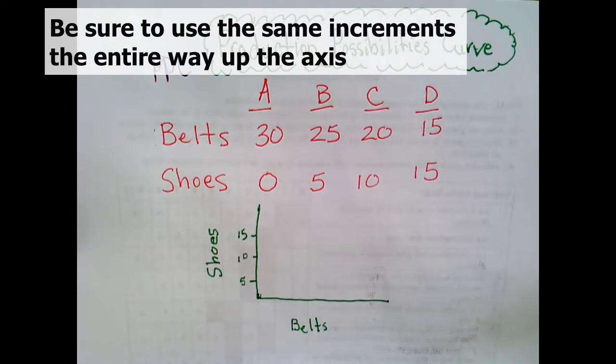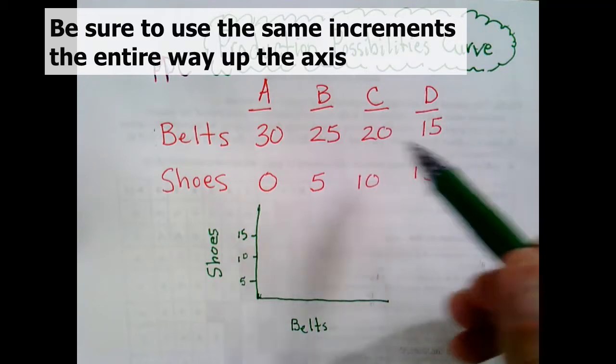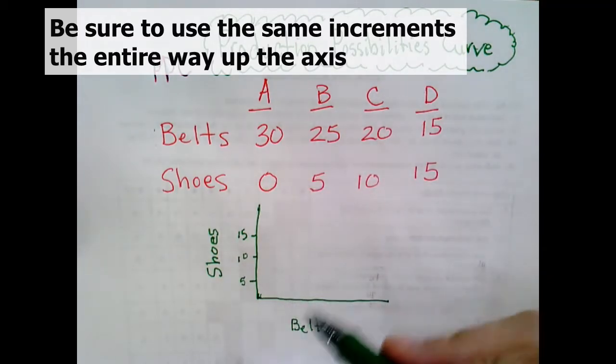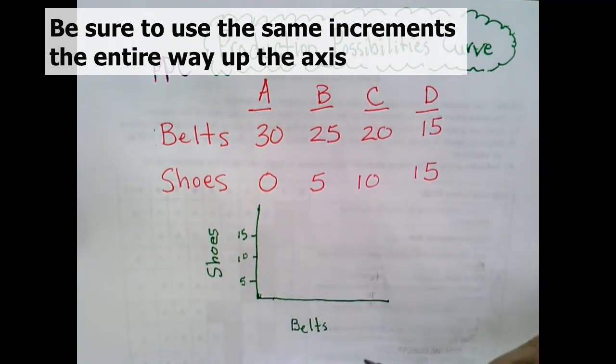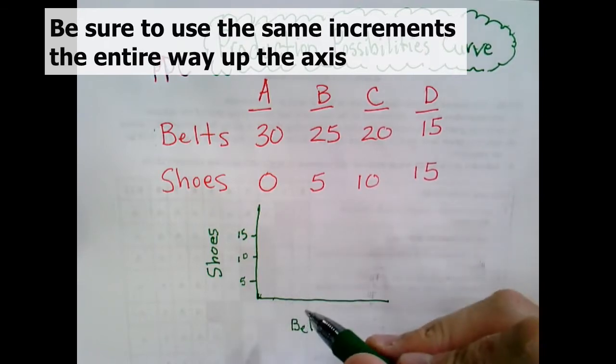Now, let's go ahead and do the same for belts. My lowest number is 15. Highest number is 30. So what I'm going to do is I am going to count by 5s, right? So I am going to start here.